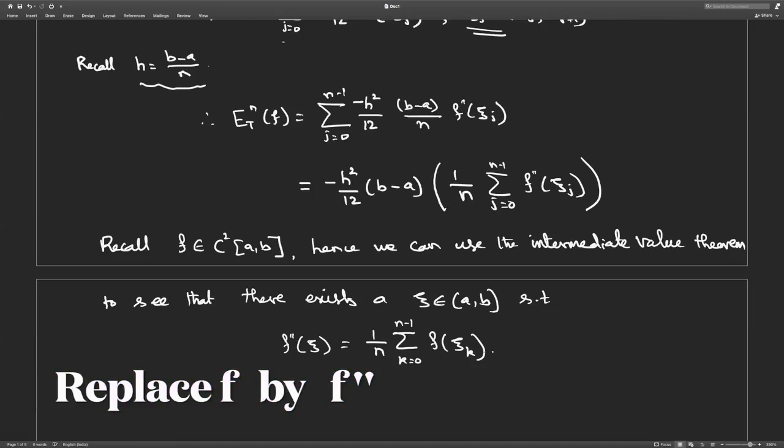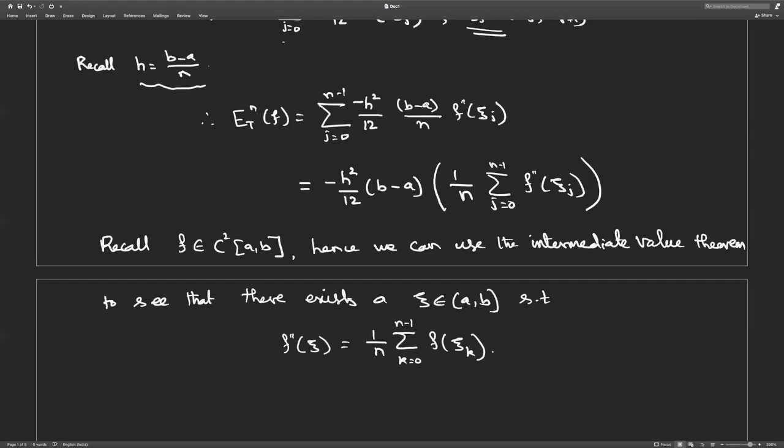If you recall, we have done this problem in one of the exercises. I think in exercise 1, we have done this problem. I'm just using this problem and replacing this term by f double dash of xi.